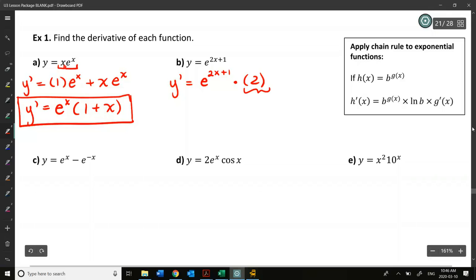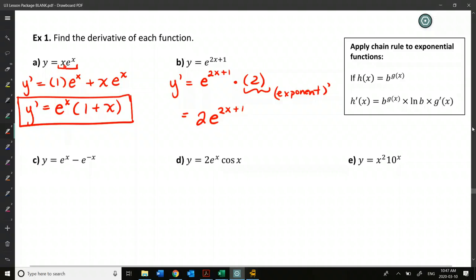Yes, so we have to do like the derivative of the exponent. So it's like exponent prime here. So we usually write coefficients out front. So proper way to write this would just be 2 e to the 2x plus 1.